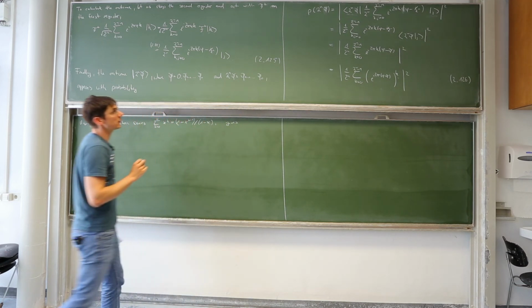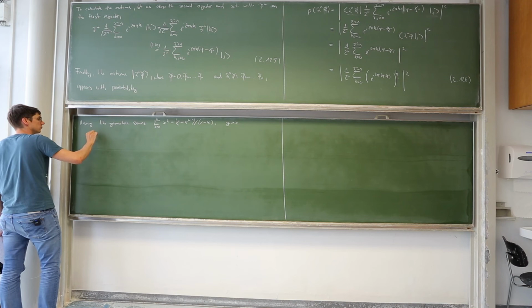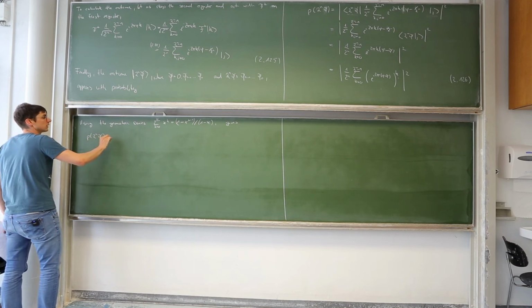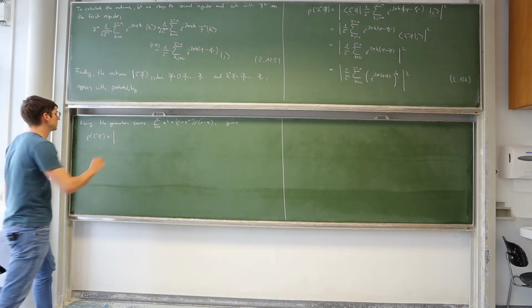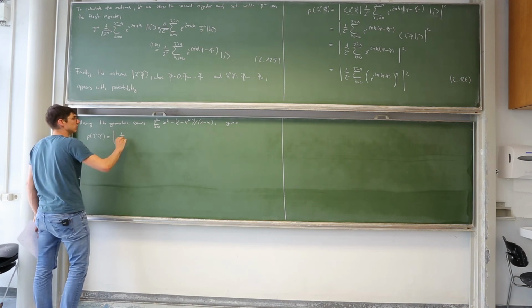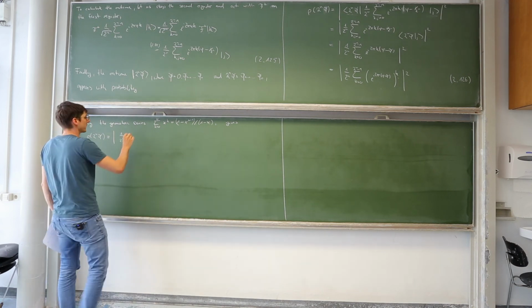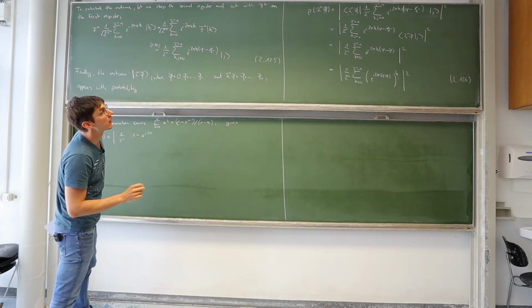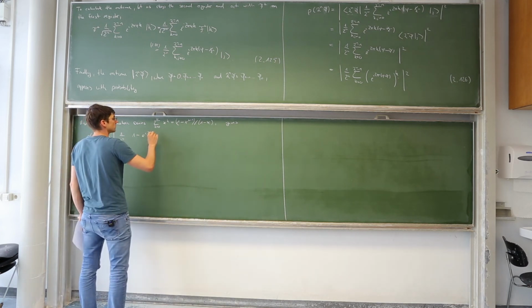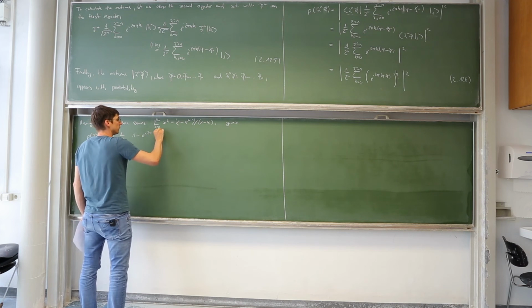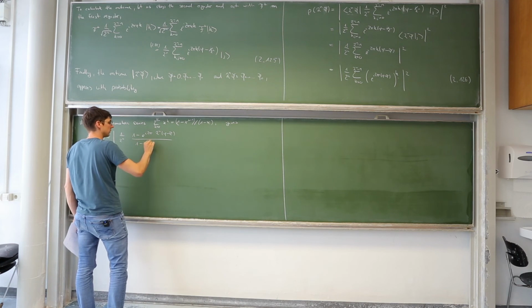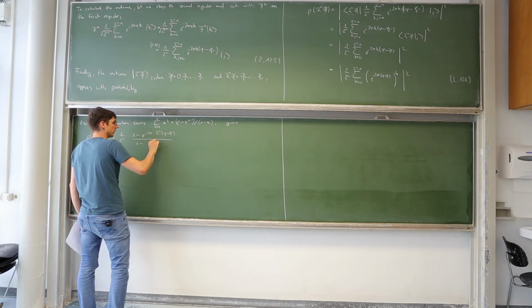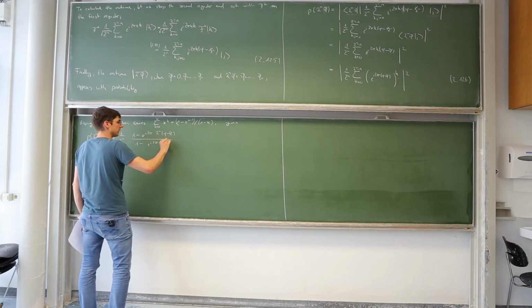So let's use this here, that the probability for 2^n phi tilde is equal to 1 over 2^n, and then we have 1 minus e^{i 2 pi 2^n (phi - phi tilde)}, and here 1 minus e^{i 2 pi (phi - phi tilde)}.